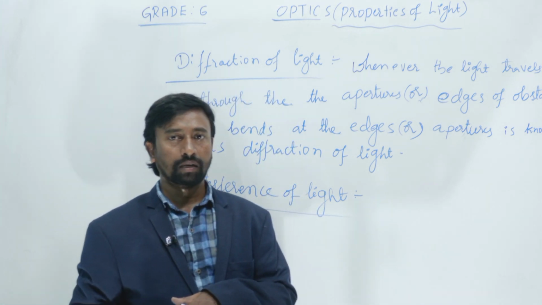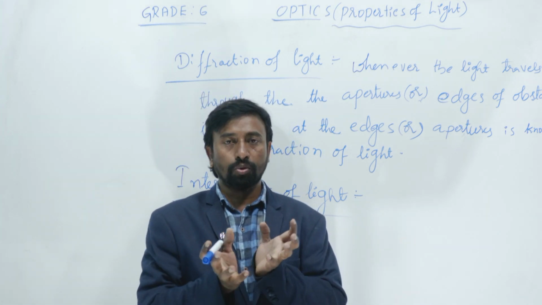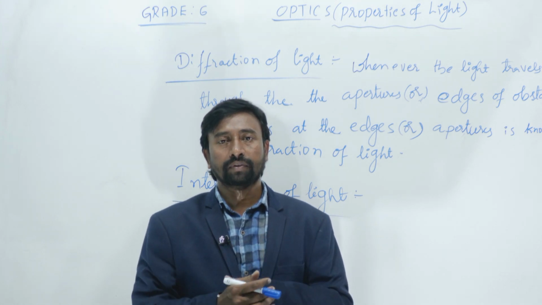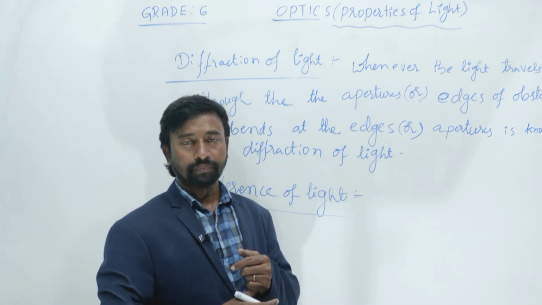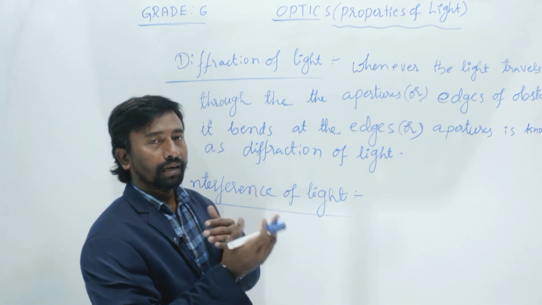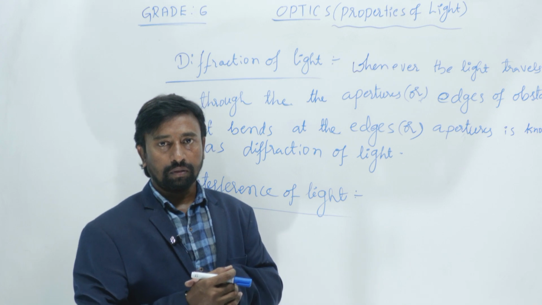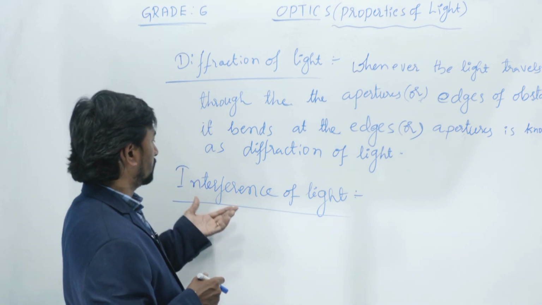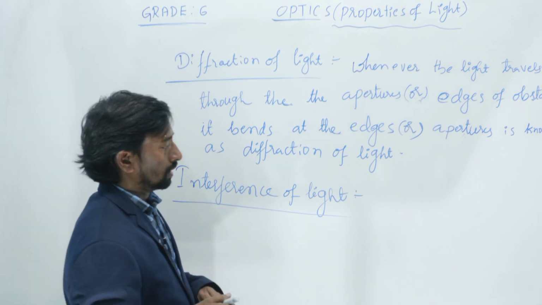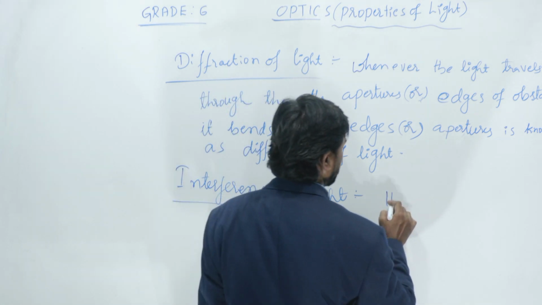A coherent source is a source of light which emits light of the same frequency and wavelength. When they travel in the same direction, the overlapping of the two light waves takes place. That phenomenon of light is known as the interference of light.